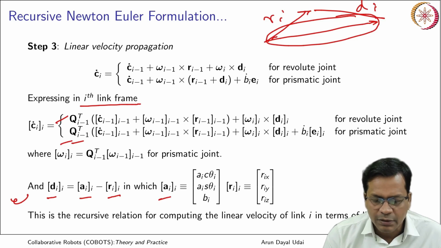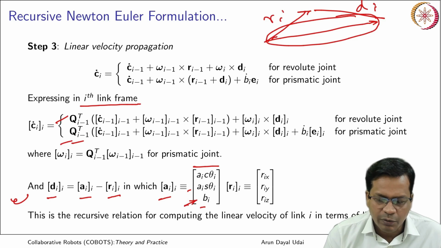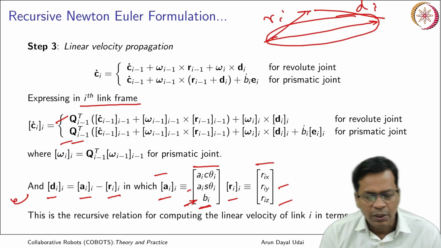So, Ai is Ai cosine theta i, Ai sine theta i in terms of joint angles. You can write this. If you remember the DH parameters, you can directly obtain this. So, Bi is the offset, Ai is the link length, and theta i is the joint angle. Okay. Ri is Rix, Riy, Riz. So, this is well known in its own frame. Okay. So, this is the recursive relation for computing the linear velocity of link i in terms of link i minus 1.